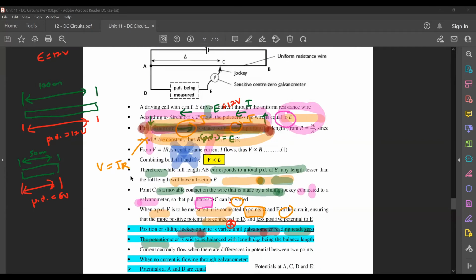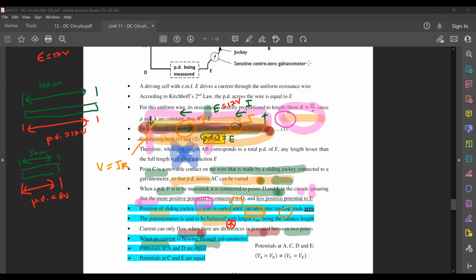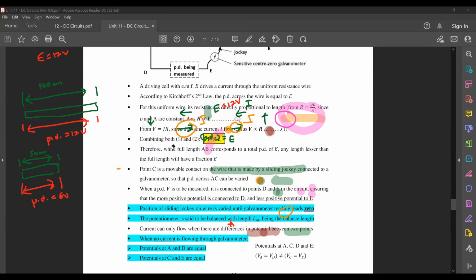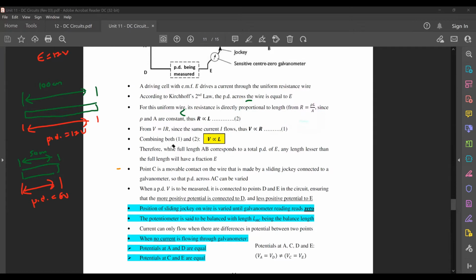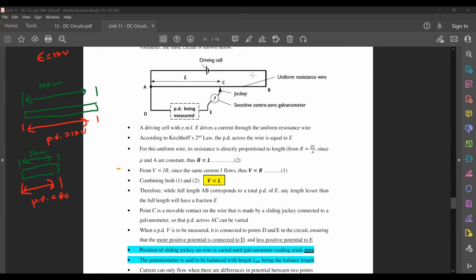Then I move down to the bottom part. This is where things get a bit complicated. Now if you look at your diagram, there is a point C, right?